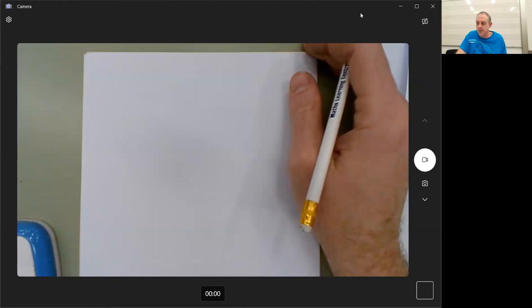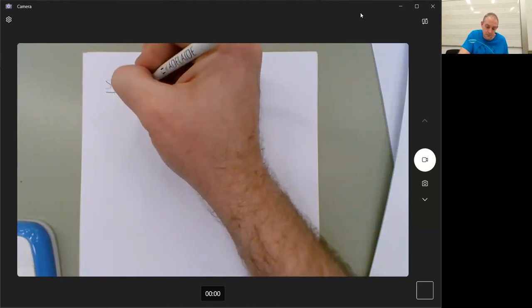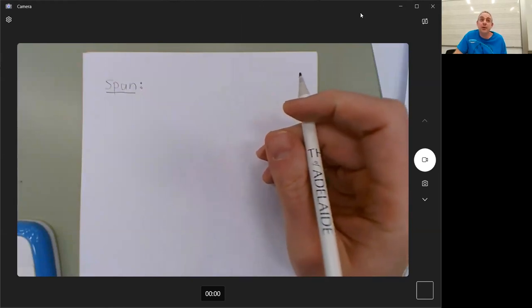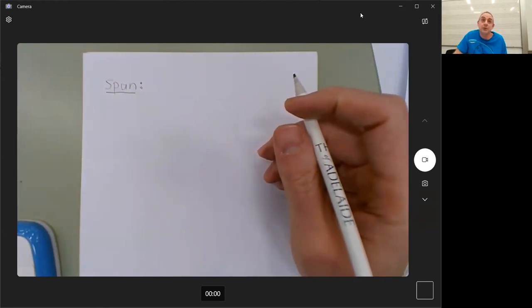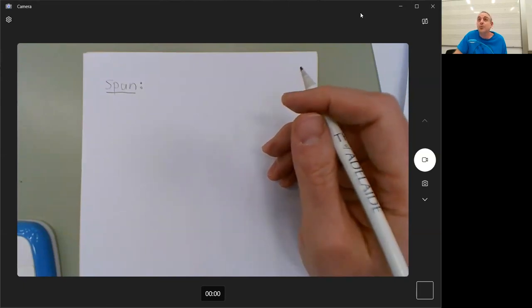Let me talk about what spanning is. The word span is both a verb and a noun. It is both an action and an object.